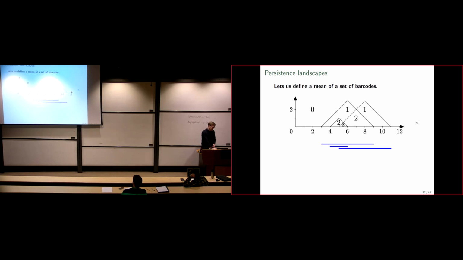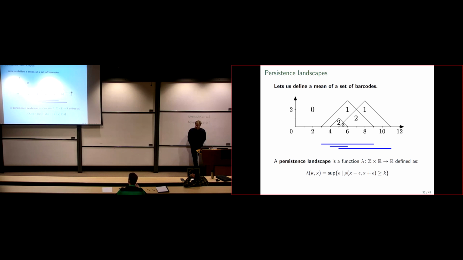That's one way to think about persistence landscapes. And you can define the persistence landscape using the rank invariant, which is why I said earlier that you can view it as a summary of the rank invariant.